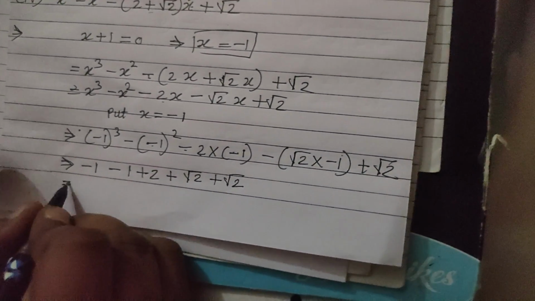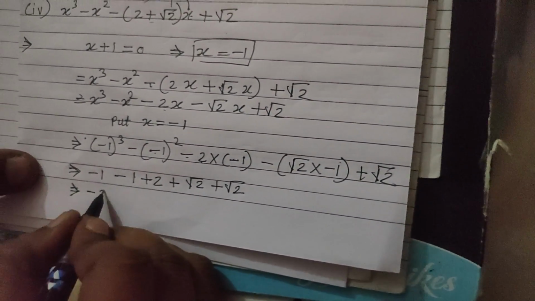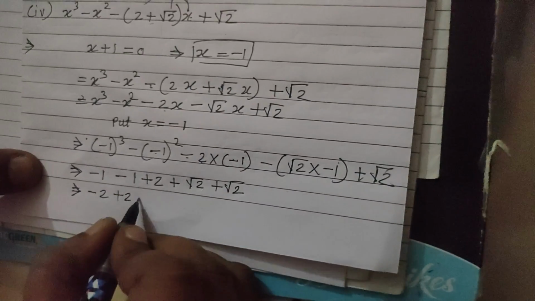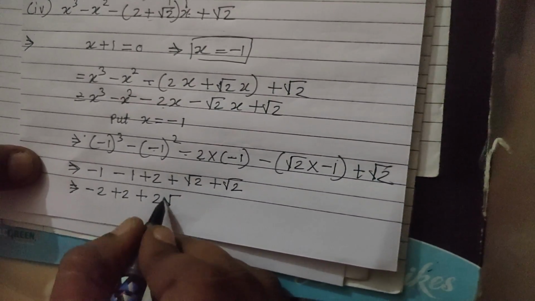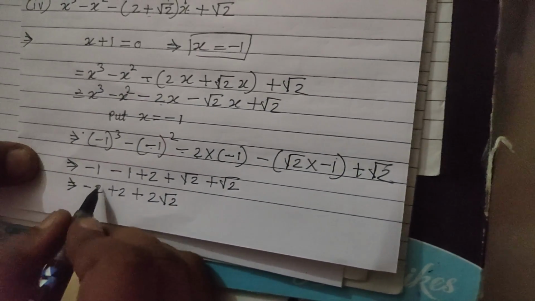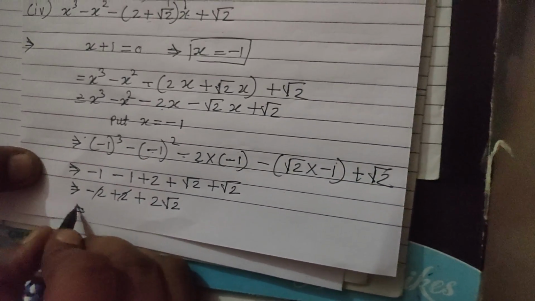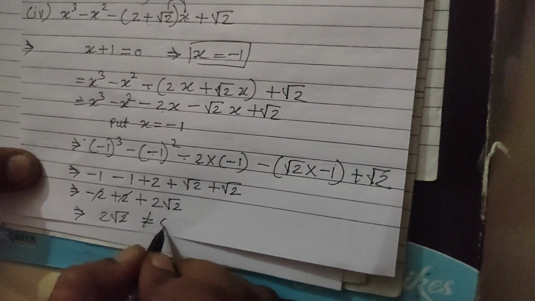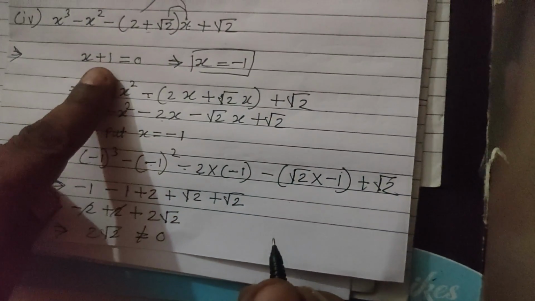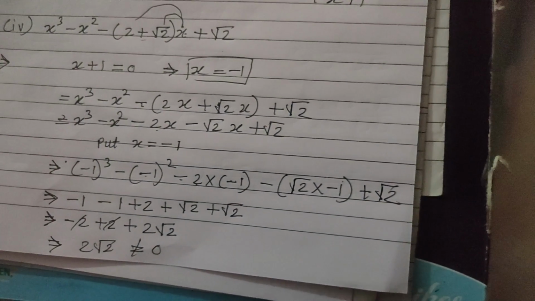So here minus 1 will be minus 2 plus 2, and here plus 2 root 2. So here minus 2 plus 2 will get cancelled. So it is 2 root 2, which is not equal to 0. That is why x plus 1 is not a factor of this polynomial.